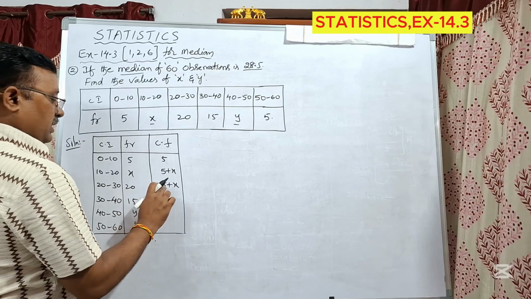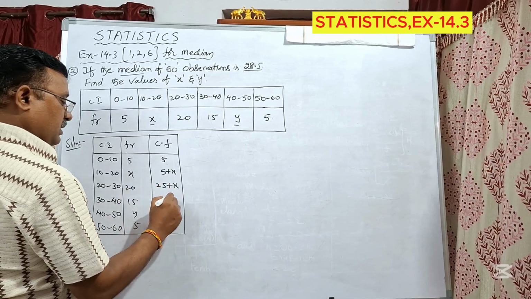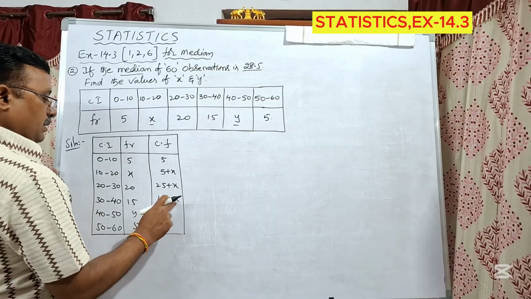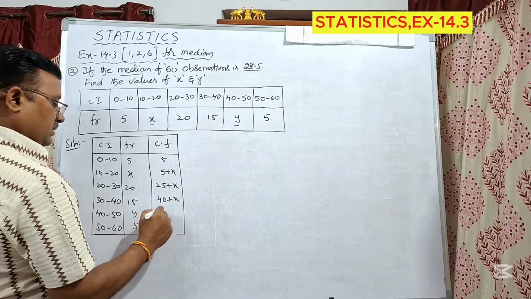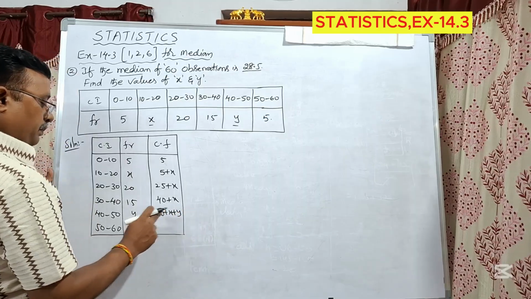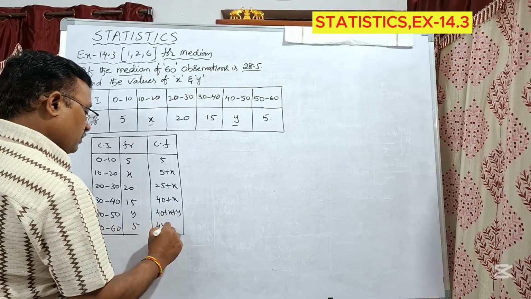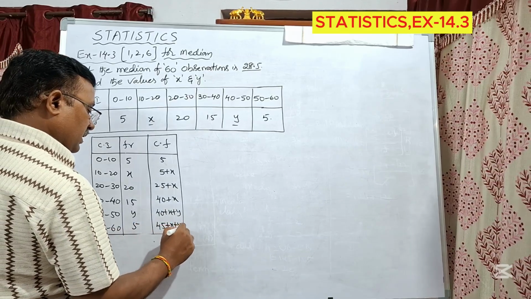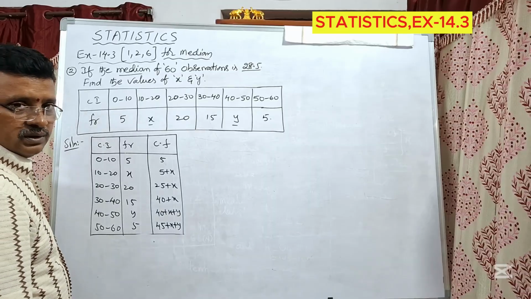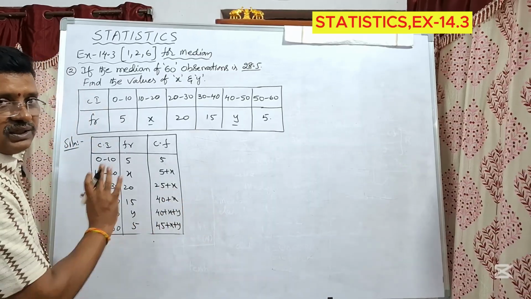Understood? 25 plus x plus 15, that is 40 plus x. This total plus y becomes 40 plus x plus y, plus the last frequency 5 gives 45 plus x plus y. Here it represents the total frequency of the data.